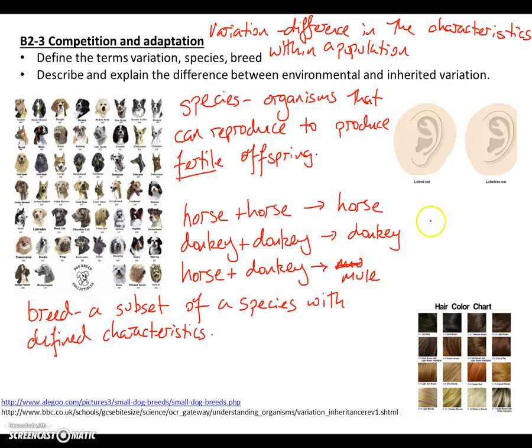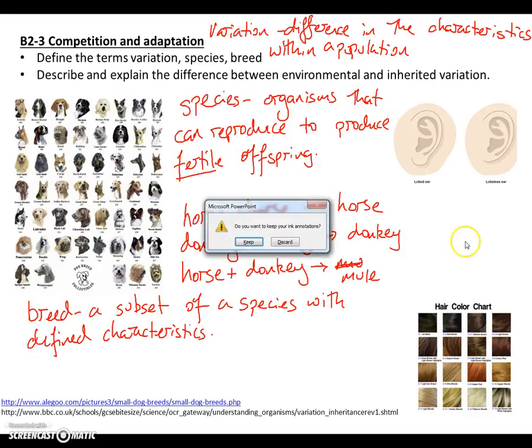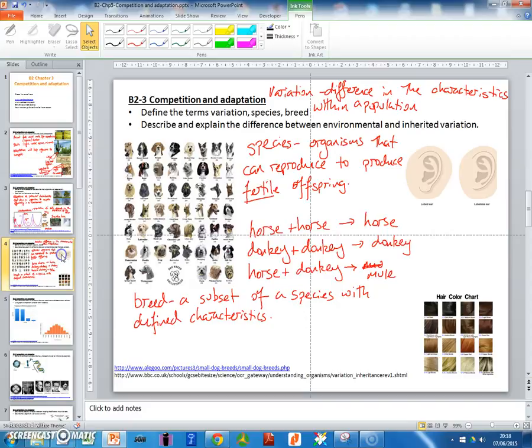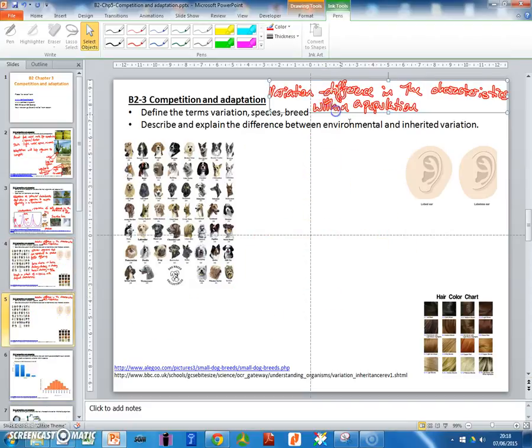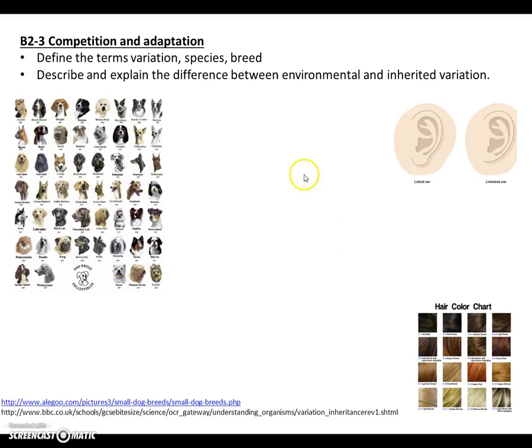So we've got two main types of variation, as it says here. Describe and explain the difference between environmental and inherited variation. Inherited variation is variation that is passed down to you from your parents.